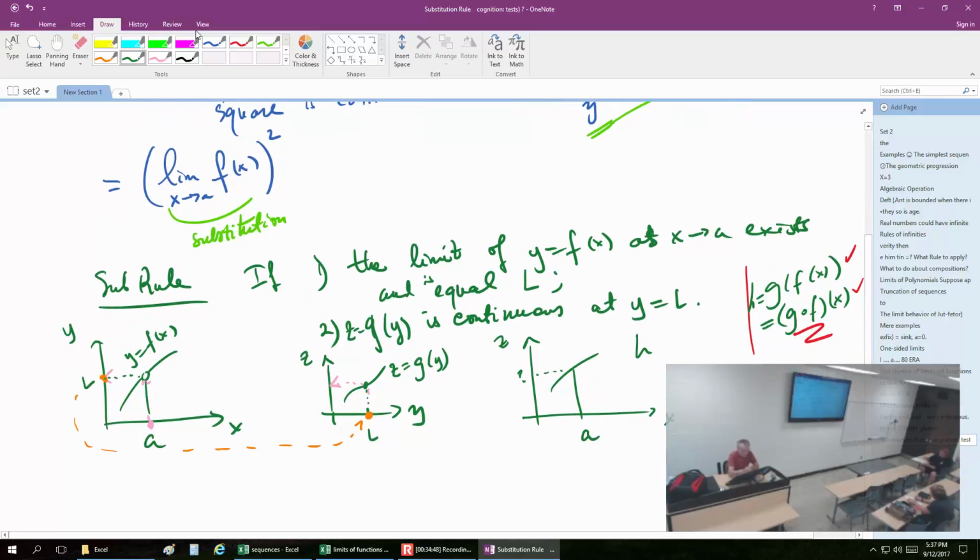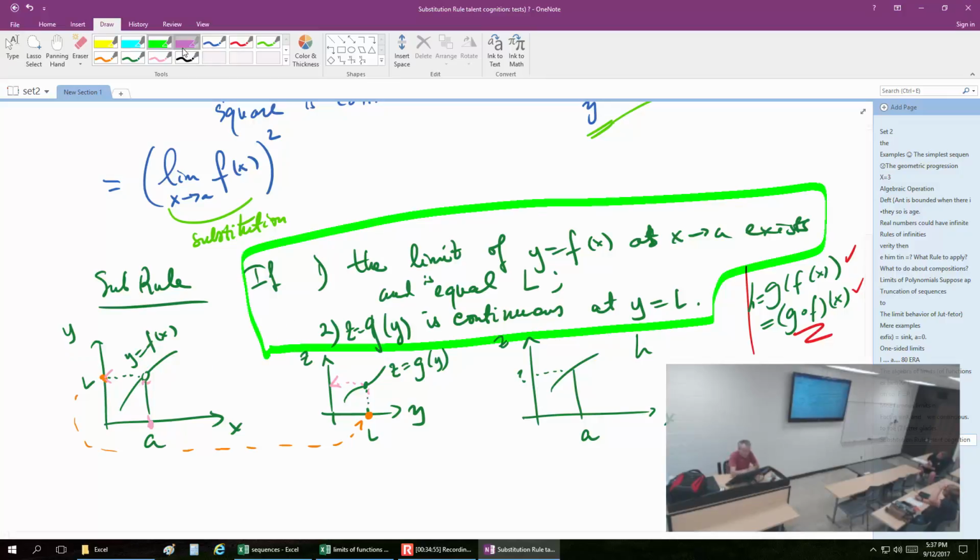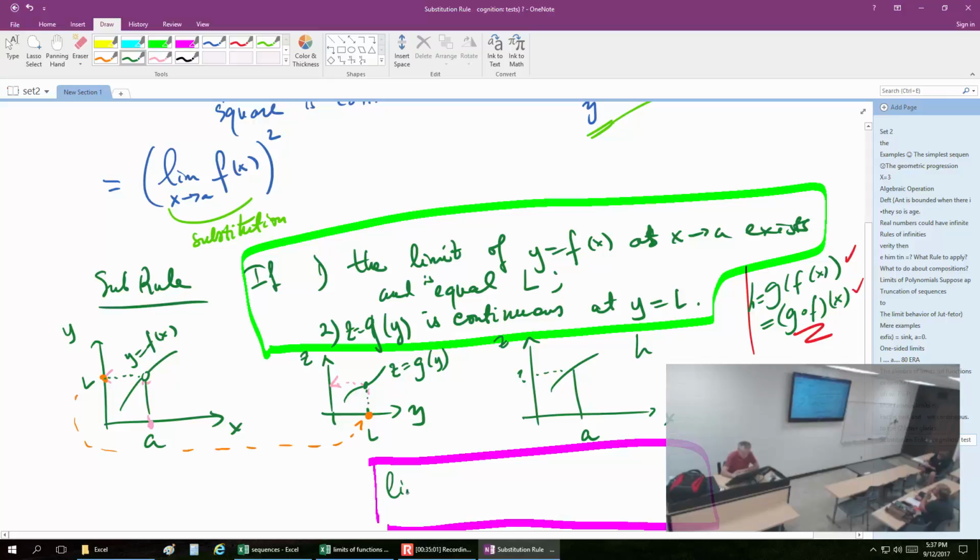So this is the setup of our theorem, and now the conclusion is very simple: the limit of g of f of x as x approaches a is g of L.